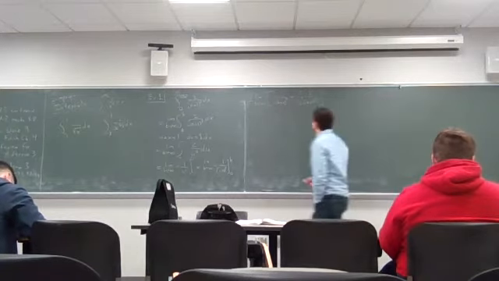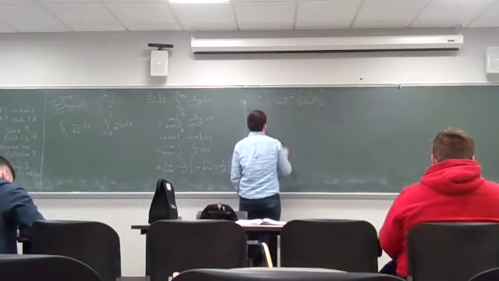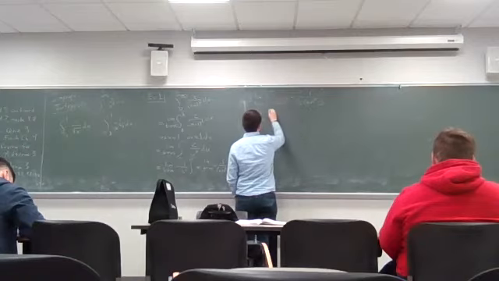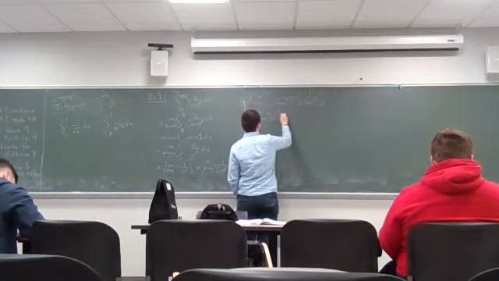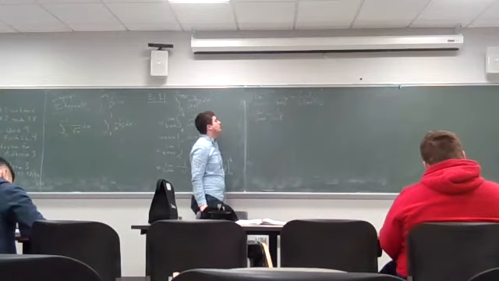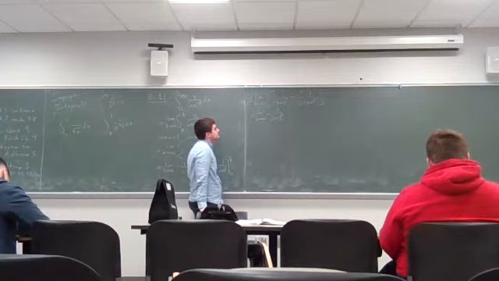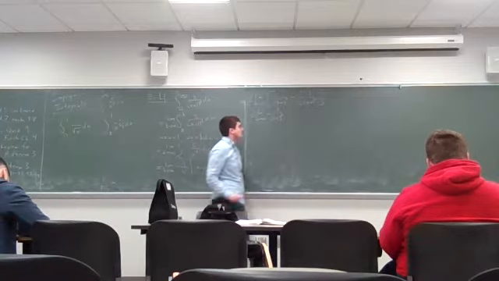Which gives me the limit as b approaches infinity of -1 over b plus 1 squared, I can't do anything with this term. What's going to happen with this piece? I have -1 over 0 plus 1 squared.